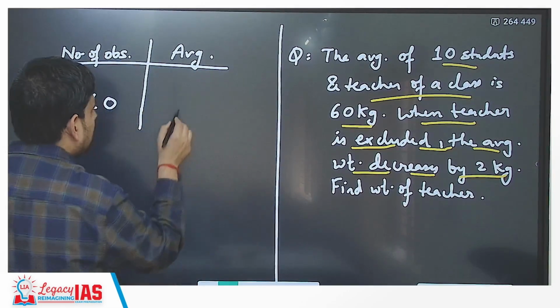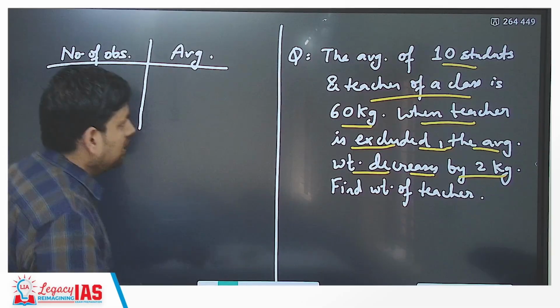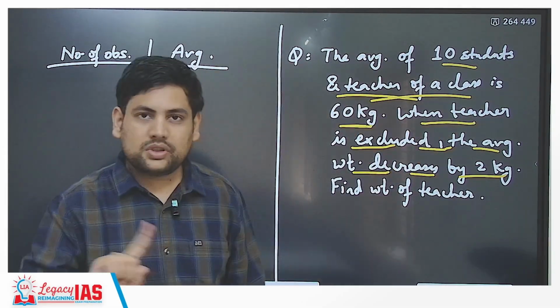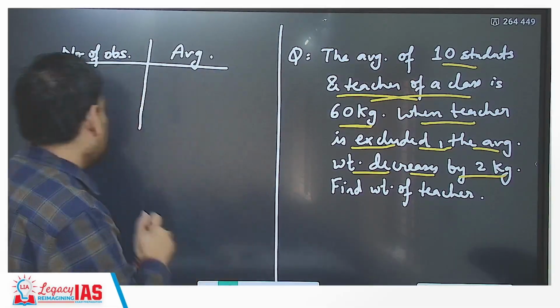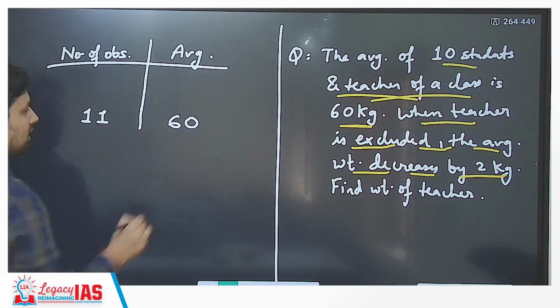The average weight of 10 students and a teacher of a class is 60 kg. So total observations 10 students plus 1 teacher, that is 11 observations, and average is given as 60.